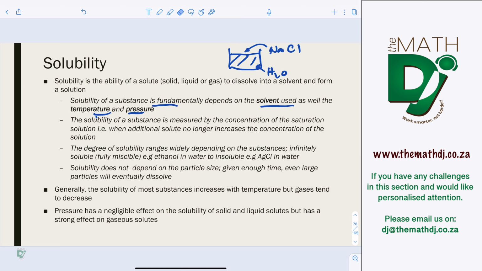So basically the other part, solubility of a substance is measured by the concentration of the saturated solution. So what we mean is, let's say you have got 1 liter of water.